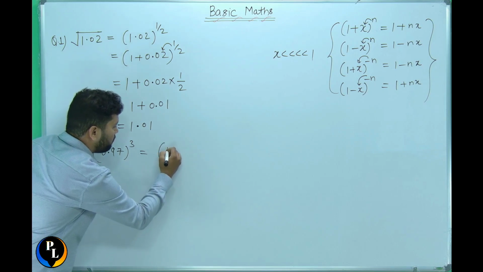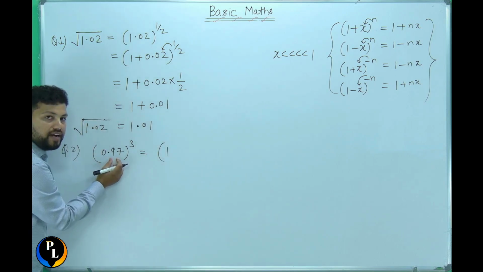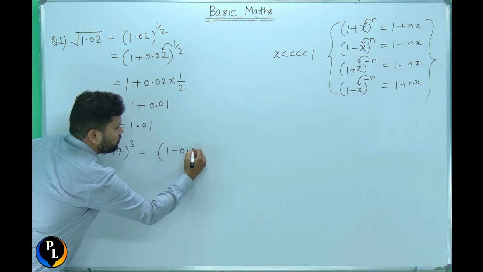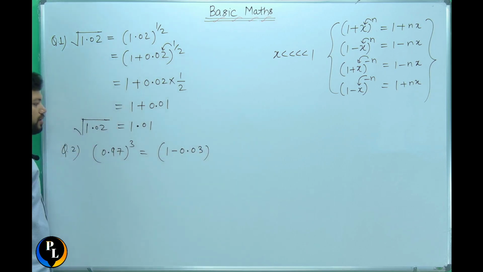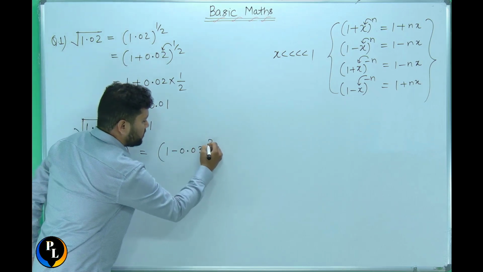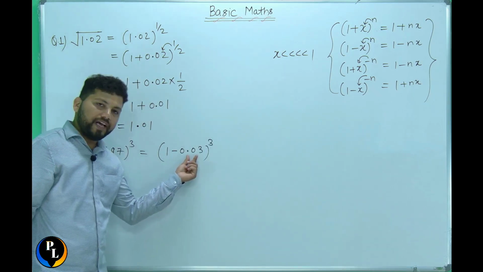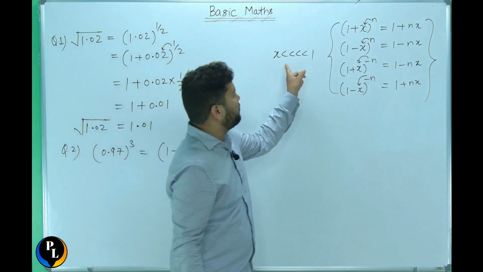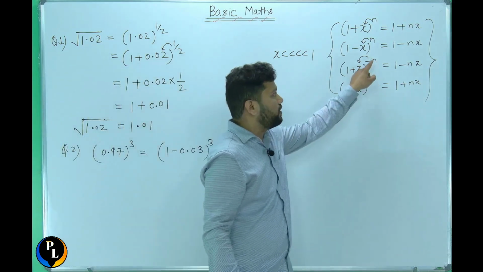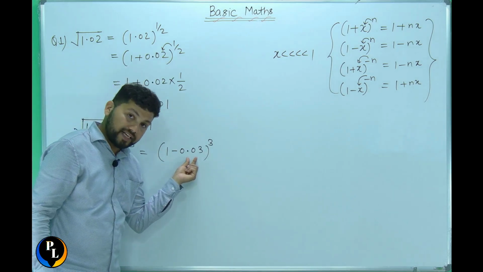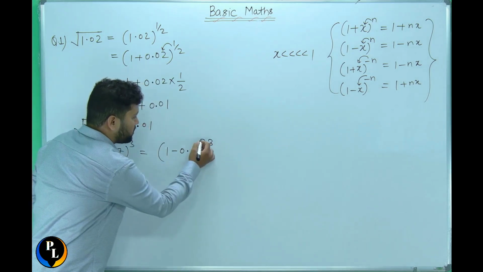So we can write 0.97 as 1 minus 0.03, with power 3. Now in the place of x, 0.03 is there, and I told you already that if x is much less than 1, we can multiply the power. Here x is less than 1, so we can multiply this power 3 in.